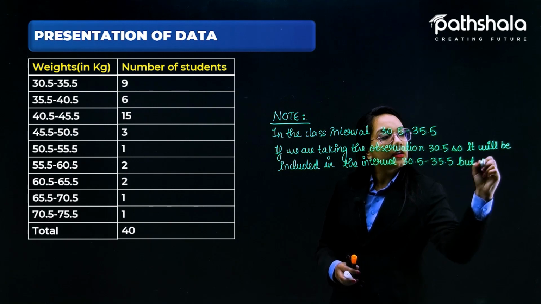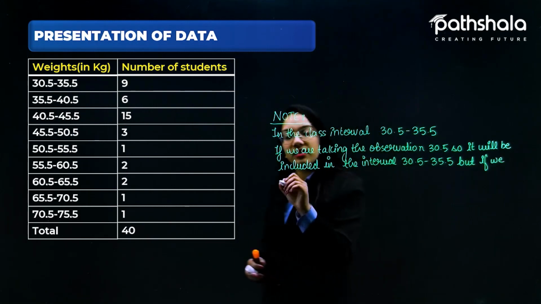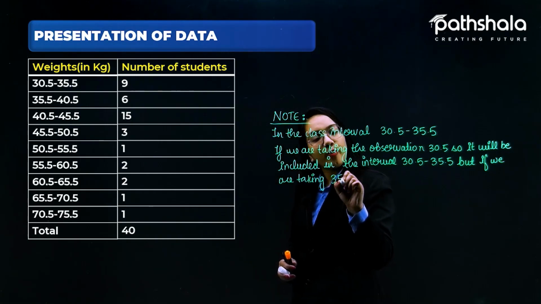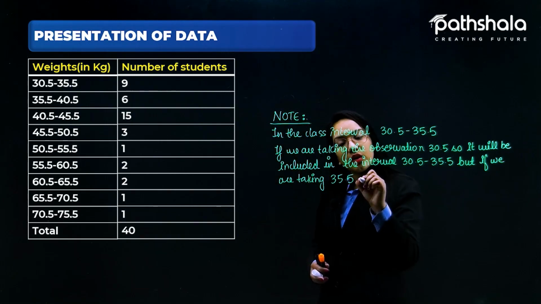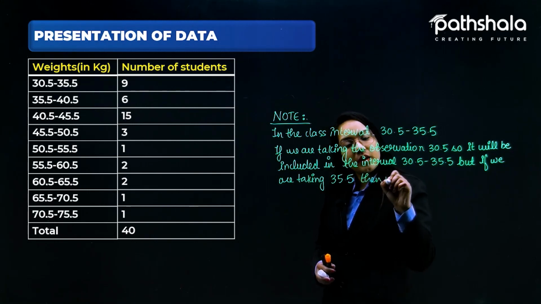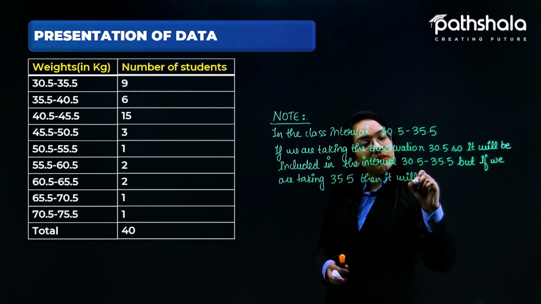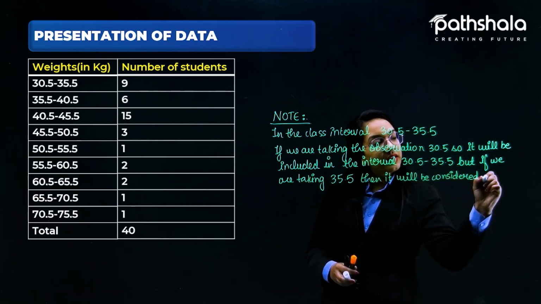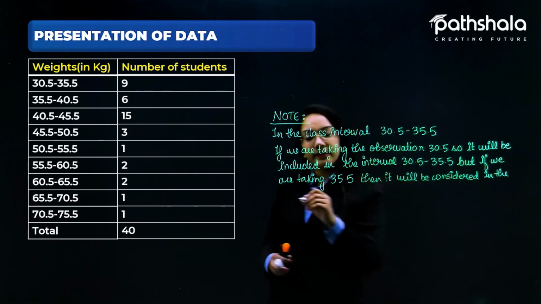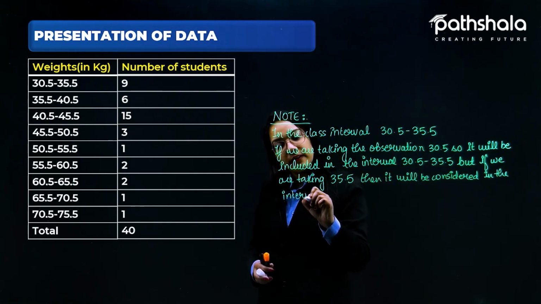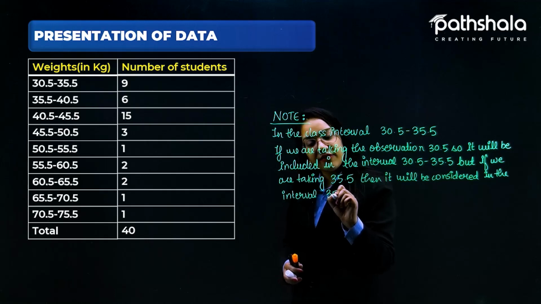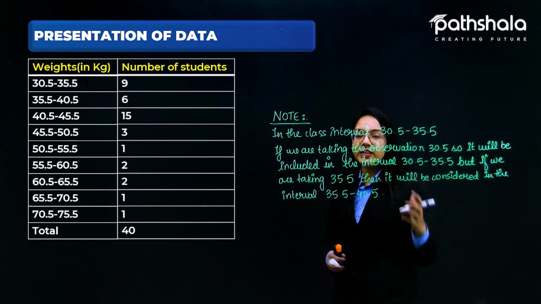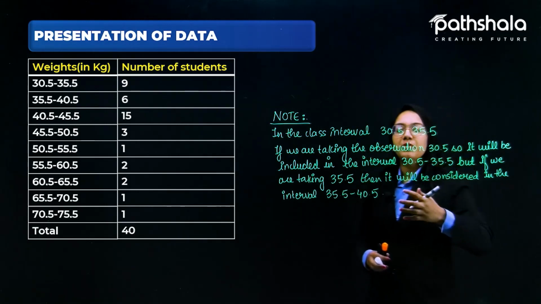But if we take 35.5, then it will be considered in the interval 35.5 to 40.5. This is a very special note related to the interval.